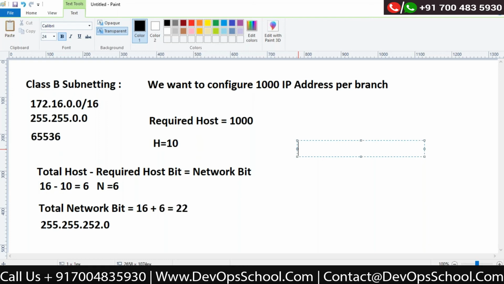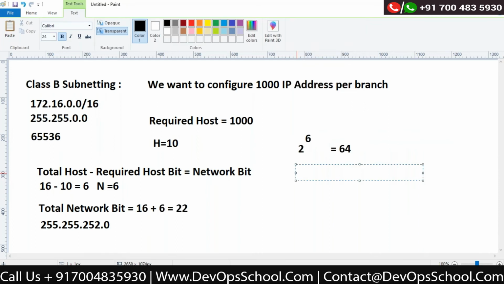So subnets would be 2 raised to n. Now what is the n value? This is the n value. That means 2 raised to 6 would be my number of subnets. Okay, 2 raised to 6, I believe it is 64.